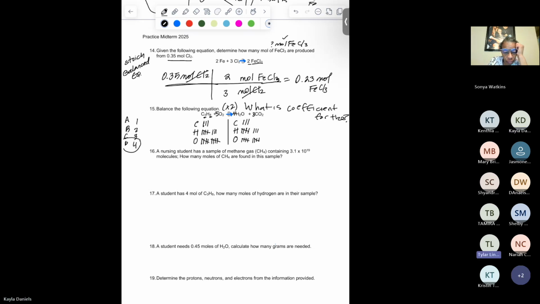So for a question like that on the midterm, they might just ask what is the coefficient for these. There are two kinds of questions. One is, what's the coefficient? Then there's another one where it says, is this equation already balanced? You say yes or no. It gives one yes answer and multiple no answers.